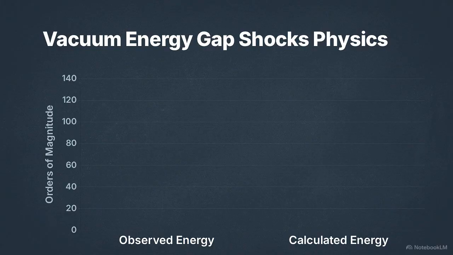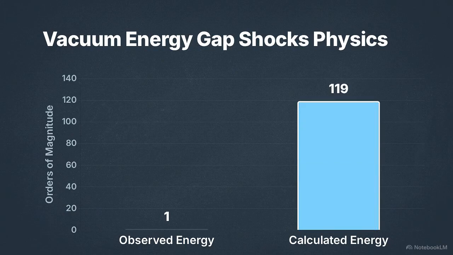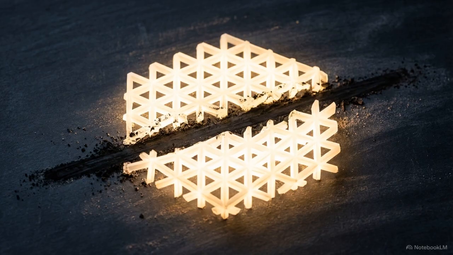Standard quantum field theory currently calculates a vacuum energy density 120 orders of magnitude larger than what we actually observe in space. Under the IMM framework, that enormous baseline energy corresponds to the unprojected manifold, the raw field before the system processes it. The projection operator acts as a cosmic phase eraser.